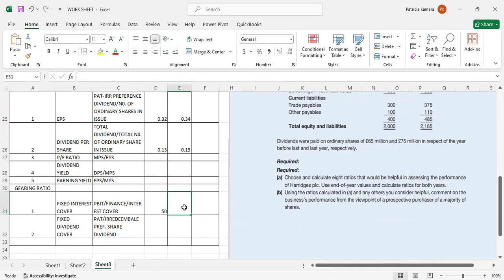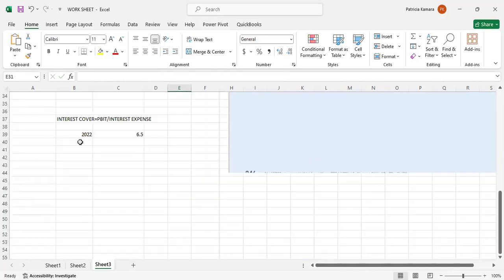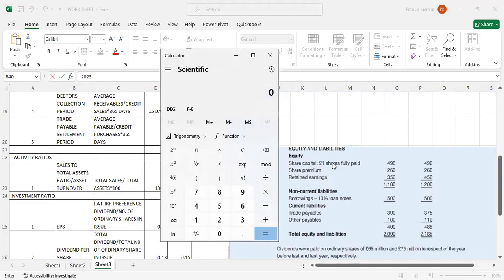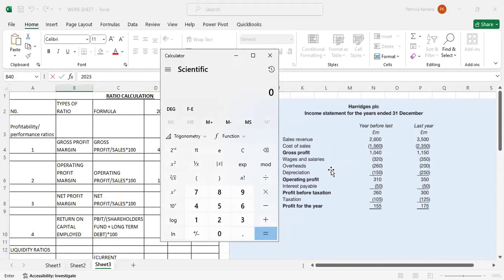Fixed interest cover. And then we'll do the same for the current year, 2023. Our operating profit has been given as 350, divided by our total interest of 50, which is 7 times.